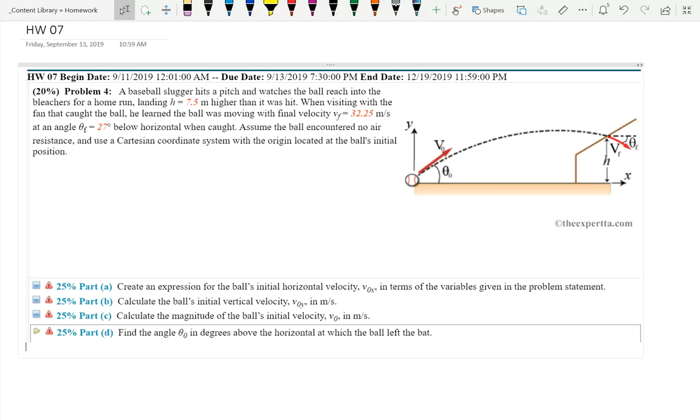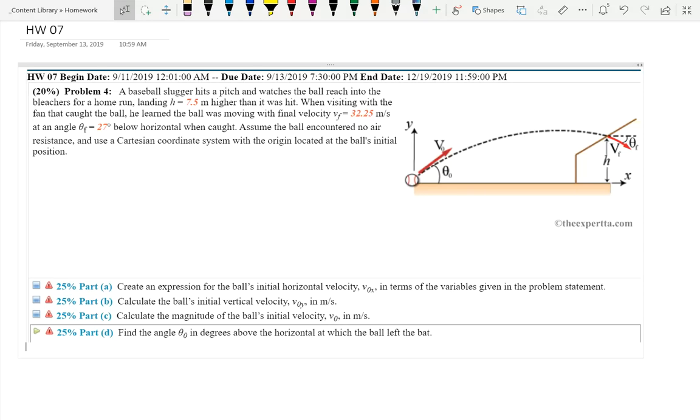Usually we don't tell you where to make the reference, but that would be the easiest point to choose, because the starting point is 0, 0. So this is guiding you toward a good practice to make your life easier by choosing 0, 0. Now, if something falls to a lower position, I usually say the starting point is 0 in the X and something positive in the Y and ends at 0. But that's personal preference.